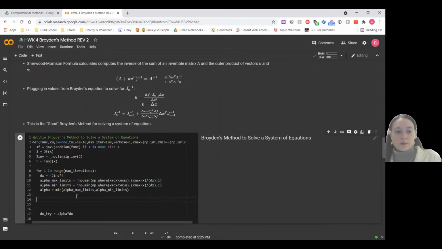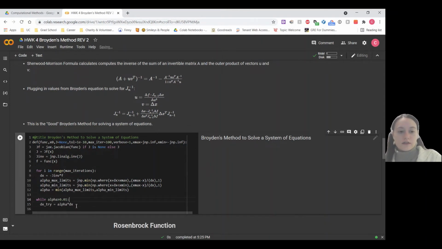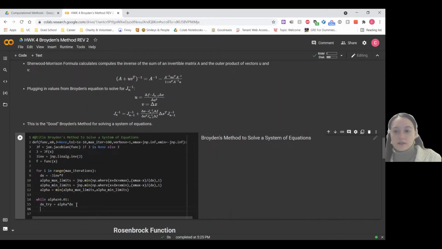So we'll arbitrarily pick alpha. We'll pick 0.1. We don't need to go any smaller than that, because we don't want to be iterating forever. So we have that our value for dx is going to be alpha times dx.